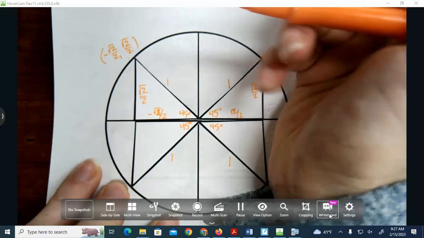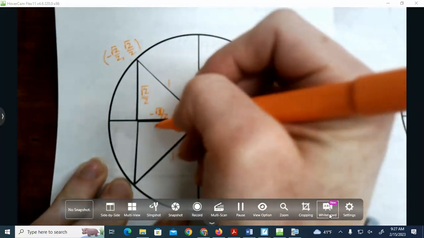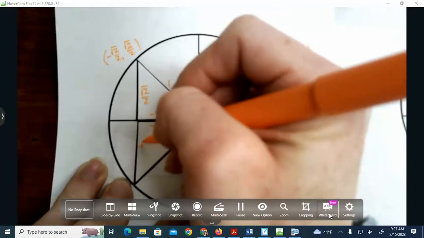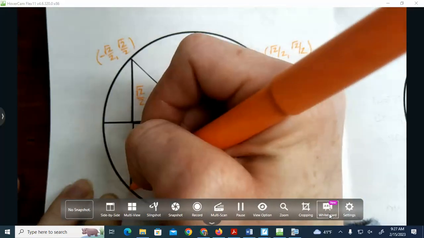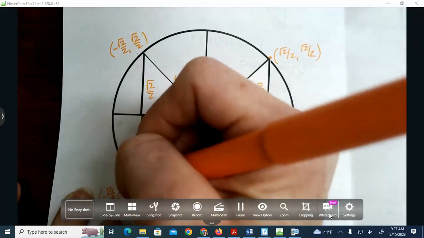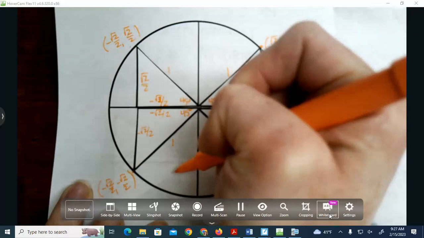All right, in the third quadrant, we have to go over and down. So both of these are negative. So the point on my circle is negative radical 2/2, negative radical 2/2.